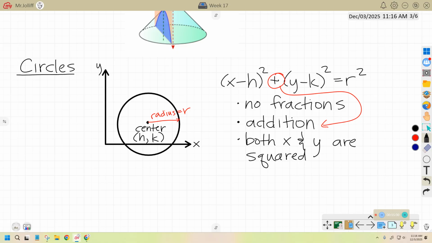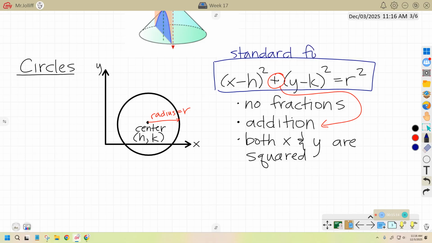So what we're going to do with our information about a circle and its standard form equation is we're going to practice picking information out of the equation to describe the circle. What is its radius? Where is its center?